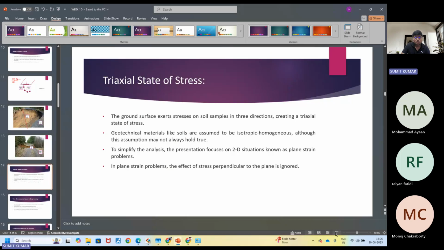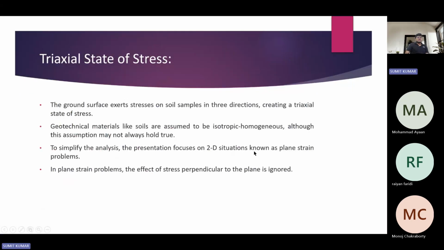Okay, so what I want to say is about the states of stress that get developed. We normally move forward considering only two stress directions, sigma x and sigma z. But in reality, what type of stress characteristics get developed in the soil? Suppose wherever you are sitting there is a ground surface.